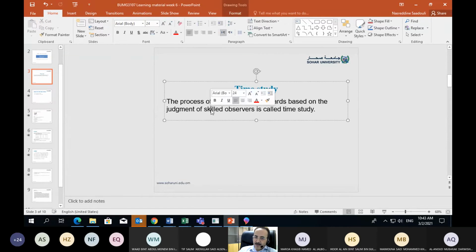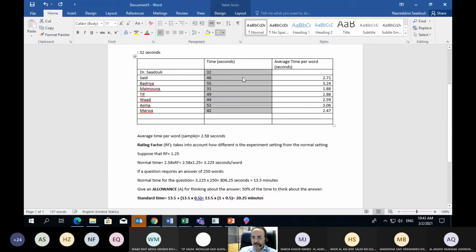Obviously, for the results to be more accurate, we need to have skilled observers. Like, for instance, as I said earlier, when we are taking these measurements here, none of us is a skilled time taker, because by the time I pressed start and by the time I pressed stop, I might have added 2-3 more seconds.